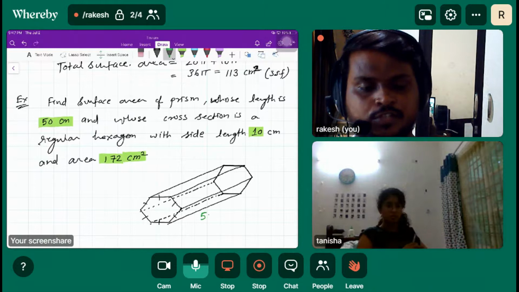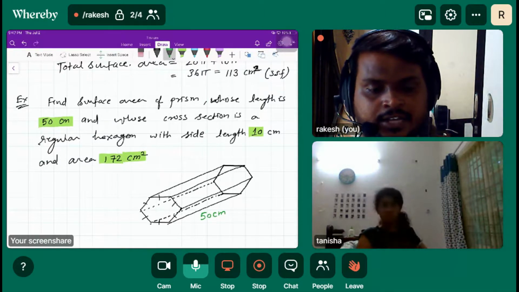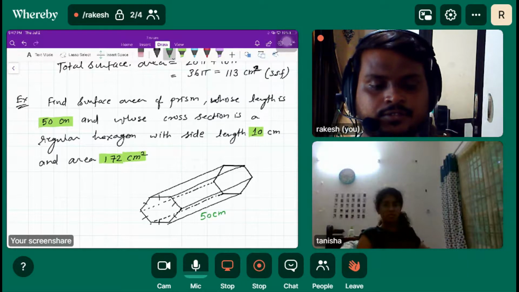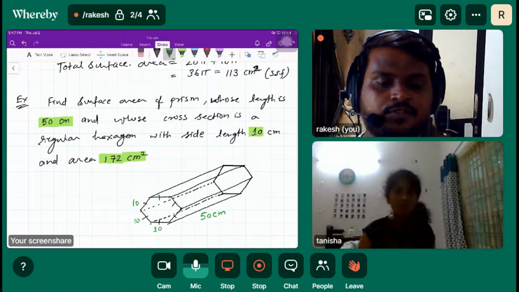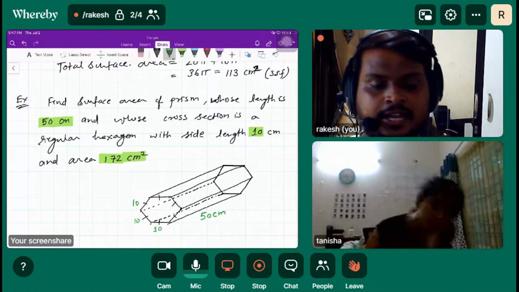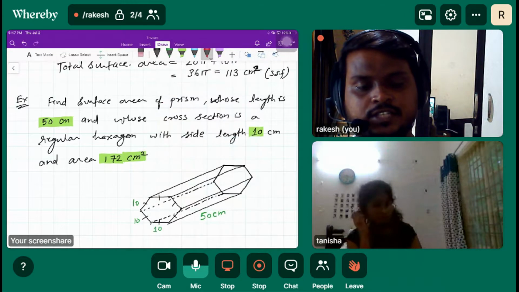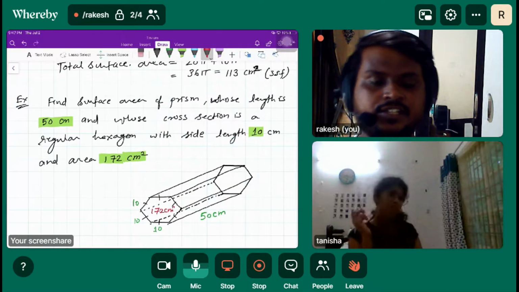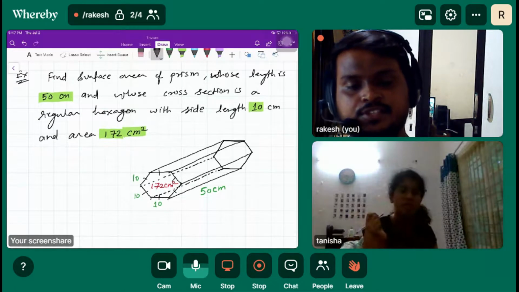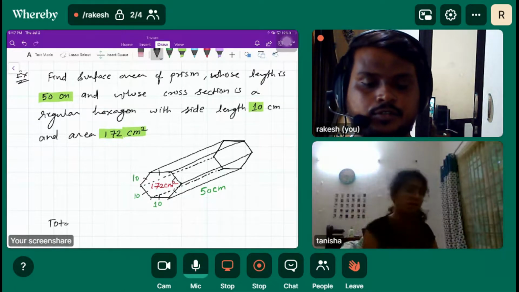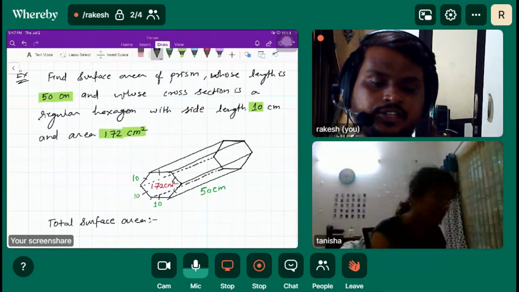So the length of this prism is 50 centimeter, and they've given a hexagon with side length 10, so obviously each side will be 10 centimeter, and the area is also given, 172 centimeter square. You have to find the total surface area of this prism.